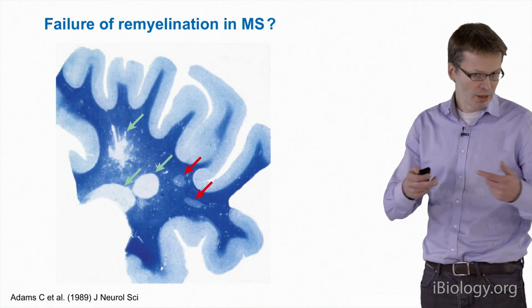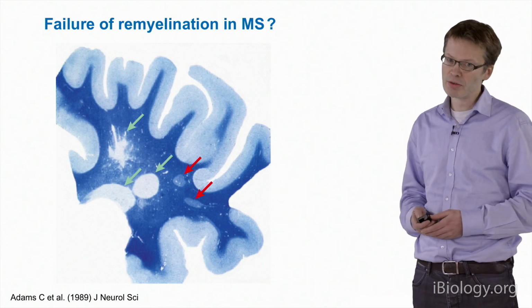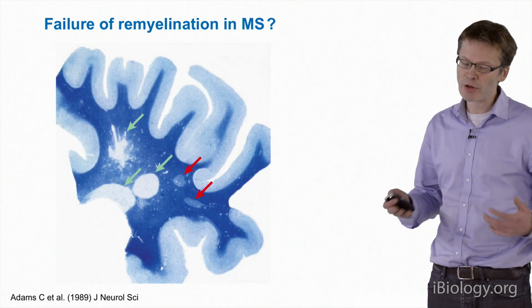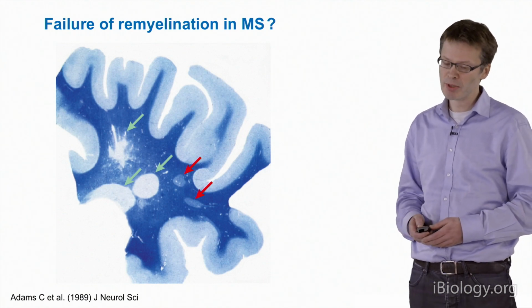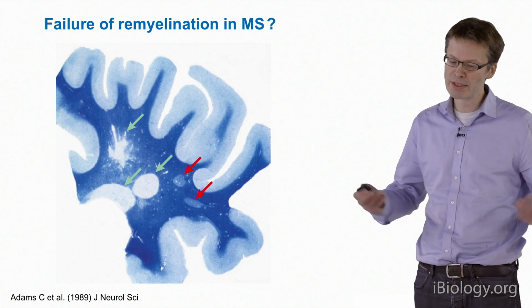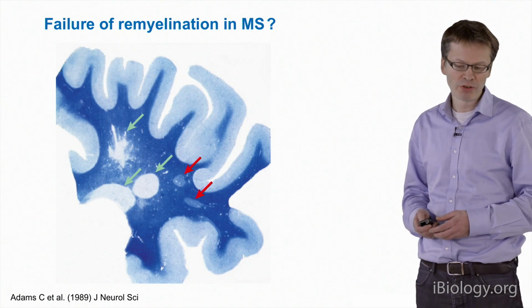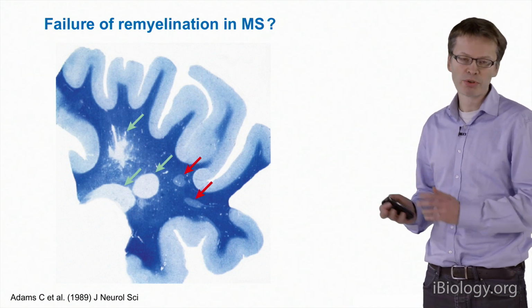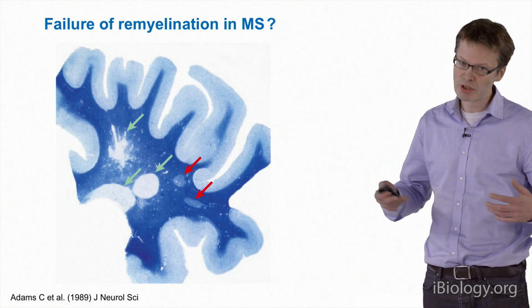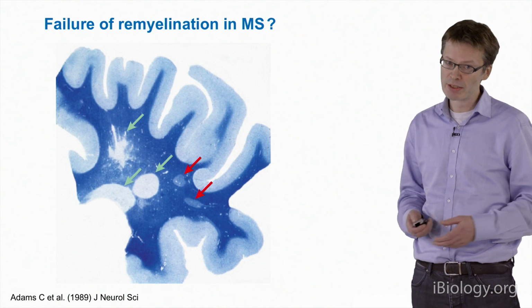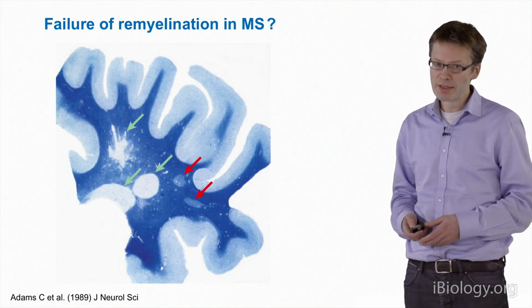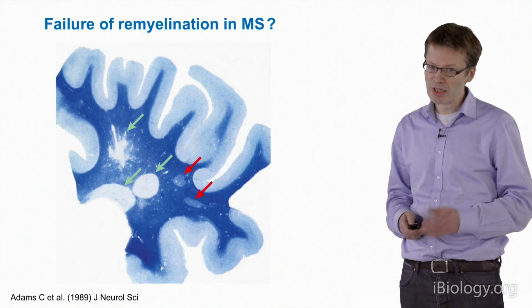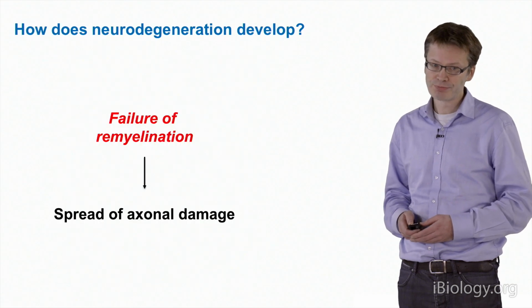You can see this light blue staining, which indicates so-called shadow plaques, showing that remyelination has taken place. If you quantify this over many patients and brains, around 20% of the lesions can recover, can remyelinate, while 80% fail to do so. So indeed, there is a failure of remyelination, at least in great parts.